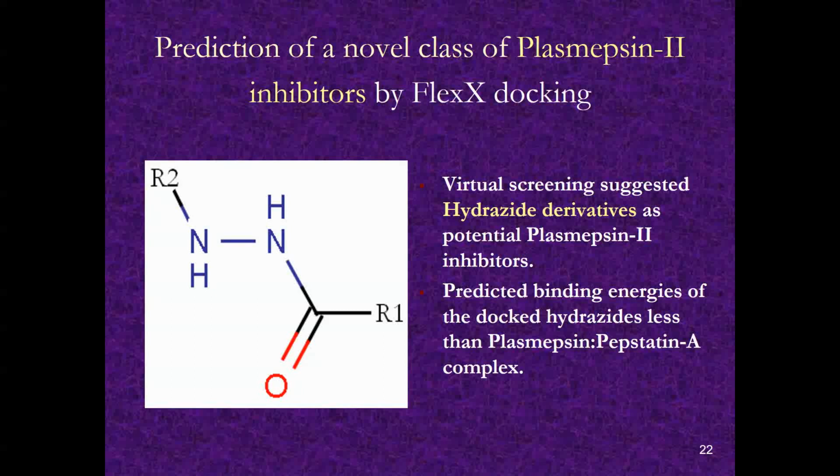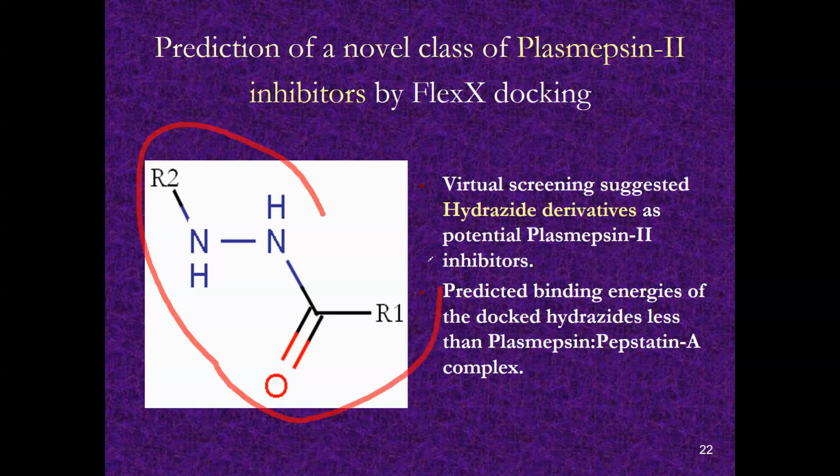And using the molecular docking, we found out that this type of compounds might be inhibiting the plasmepsin 2 in reality, because we carried out molecular docking in the computer.